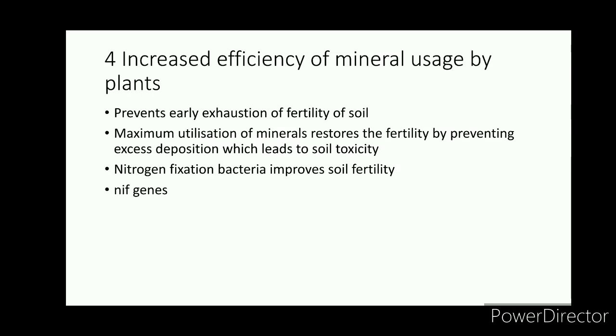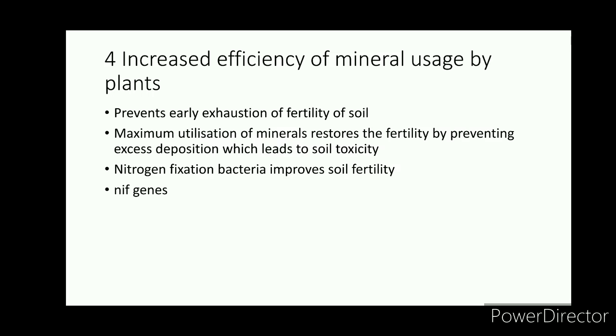So nitrogen is a very important component, and the plants cannot waste it. The nitrogen fixation bacteria, which live in plants in a symbiotic association, help in conversion of atmospheric nitrogen into useful compounds of nitrogen, such as ammonia and nitrate, that are going to be utilized by the plants.